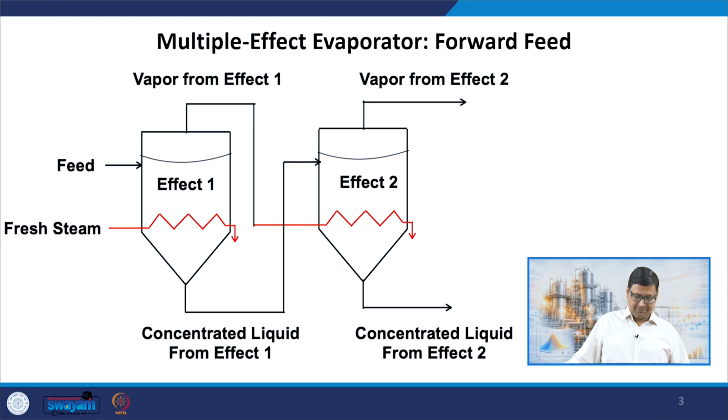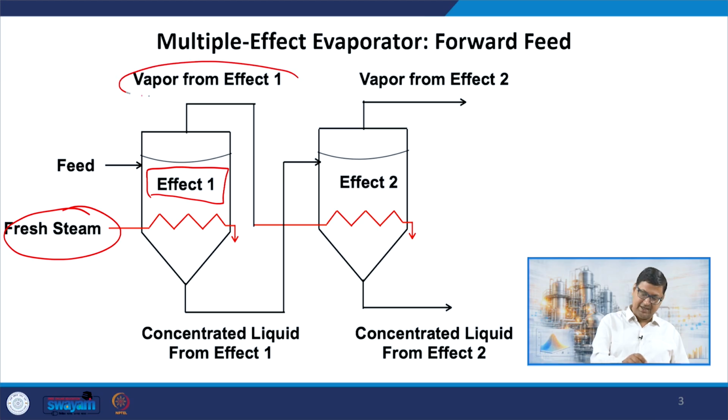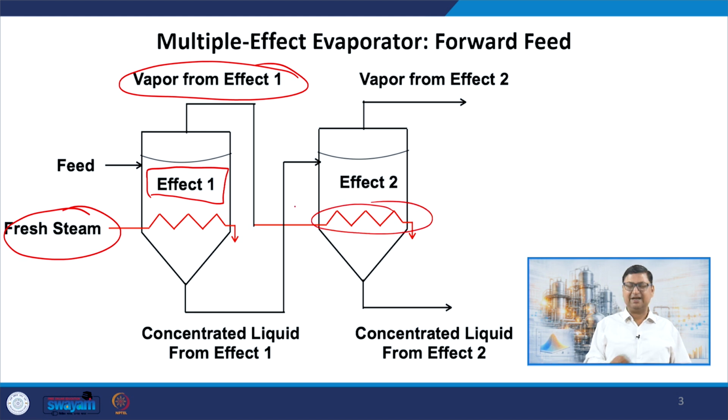So how do we do that? We can do that in two ways. One of the ways is the forward feed. Here I will do pretty much what I have just demonstrated. We have a feed that enters the evaporator, which I will now call effect number 1, where I am going to use fresh steam to evaporate the liquid. But the vapor that comes out now becomes the heating medium of the second effect down the line.